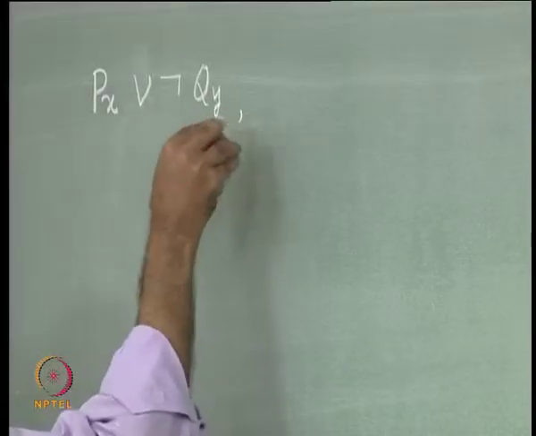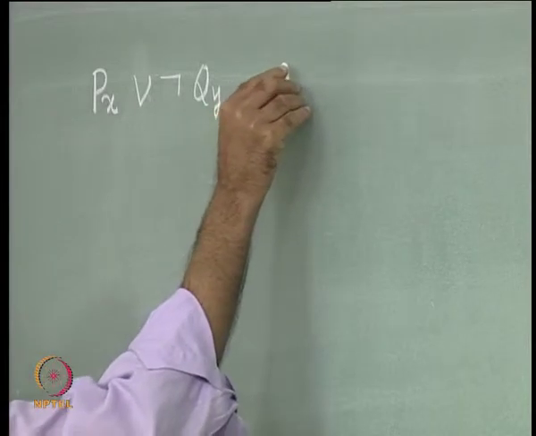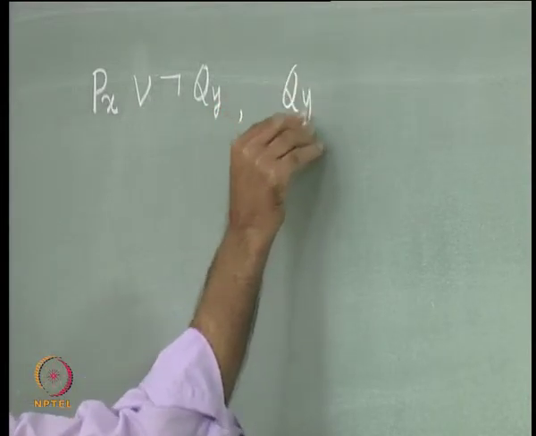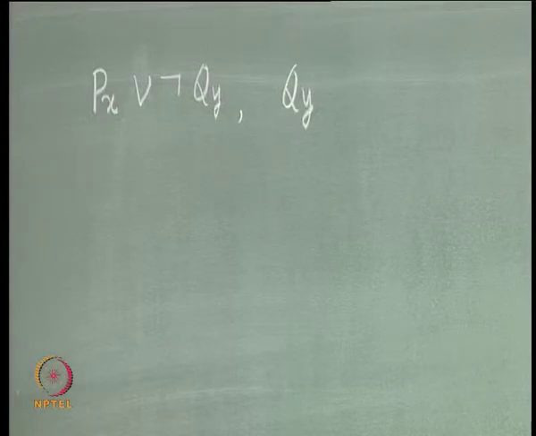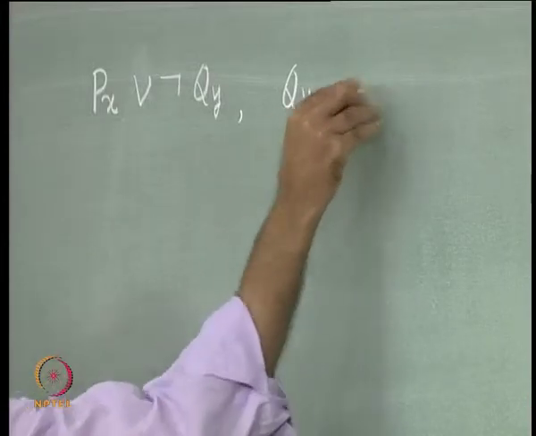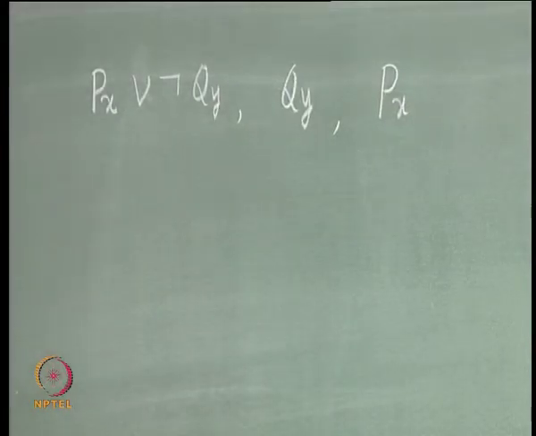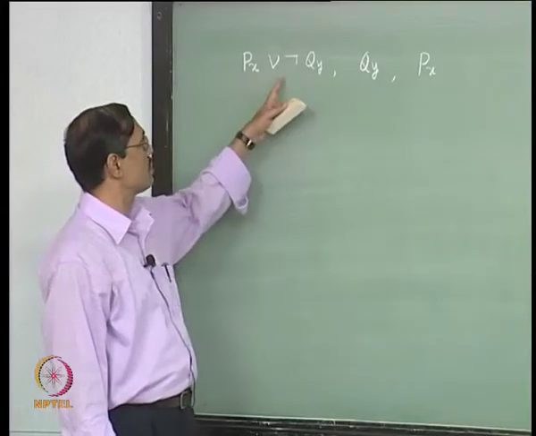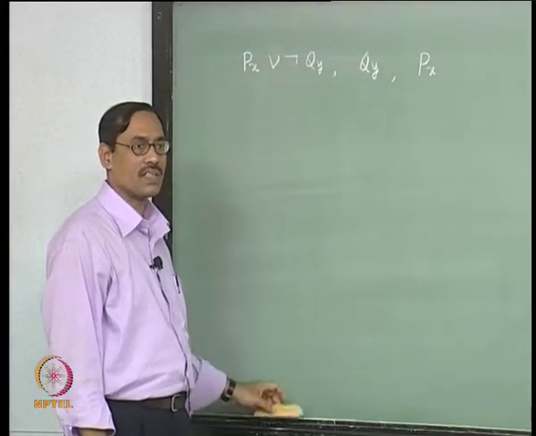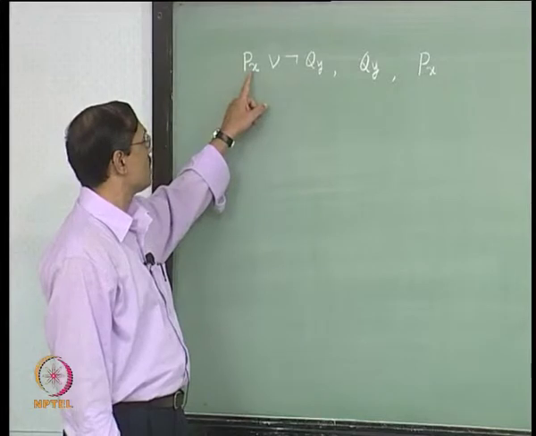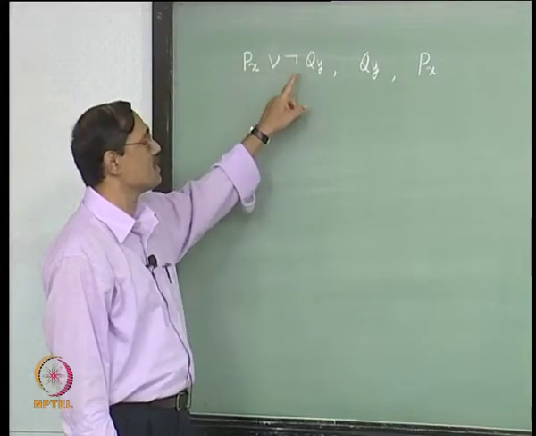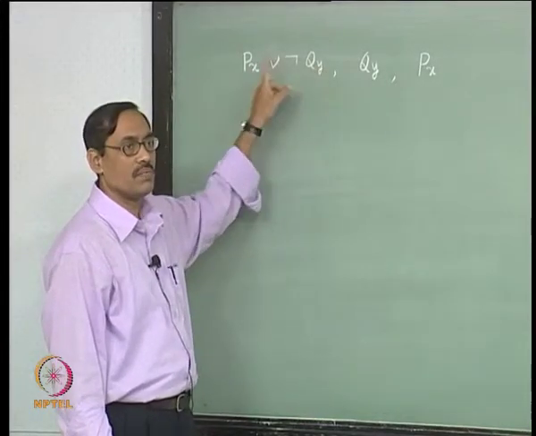Suppose I have another clause which is say Qy. Okay, and another clause which is simply Px. Fine. So, this might have come from one entailment, one consequence, like for each x, each y, Qy implies Px.